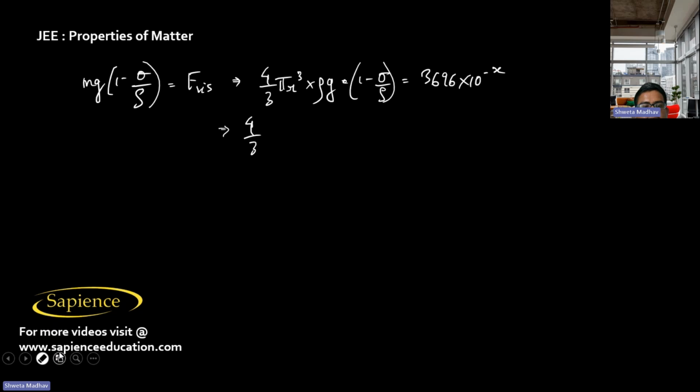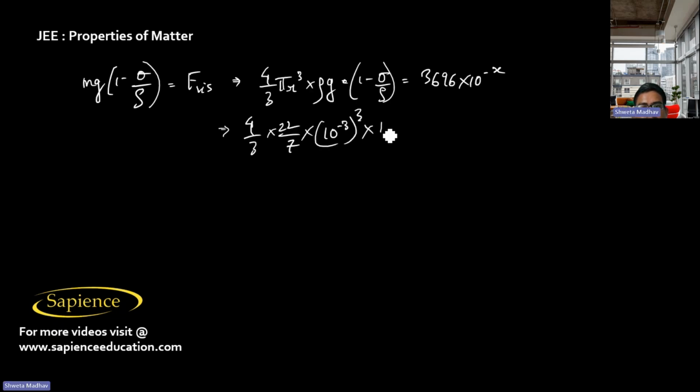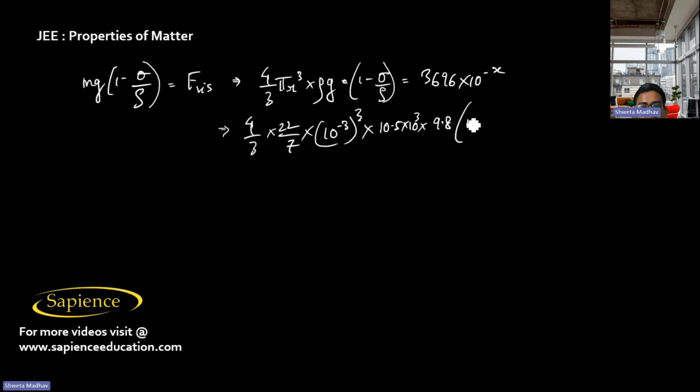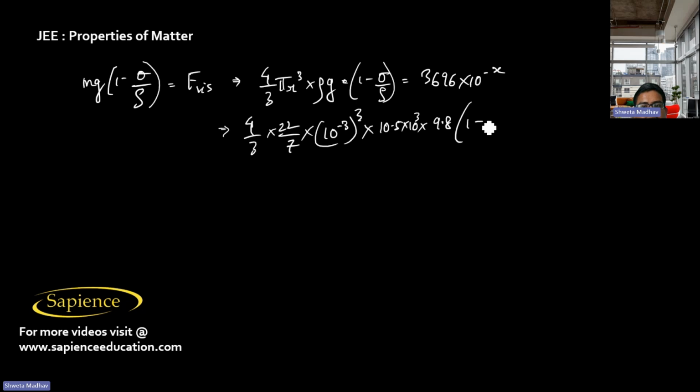You have to take 22 by 7 only. 22 by 7 into r, r is 1 millimeter, so 10 power minus 3 whole cube, into density, that is 10.5 into 10 power 3, into g, g is 9.8, into 1 minus sigma by rho, that is 1 minus 1.5 by 10.5, that is equal to 3696 into 10 power minus x.